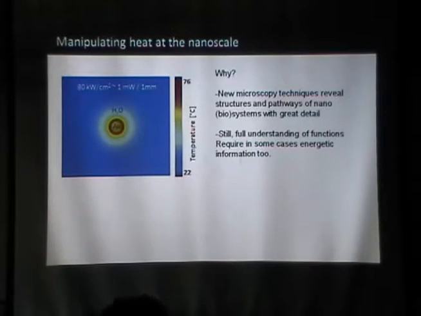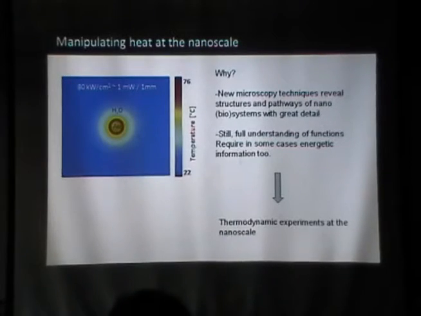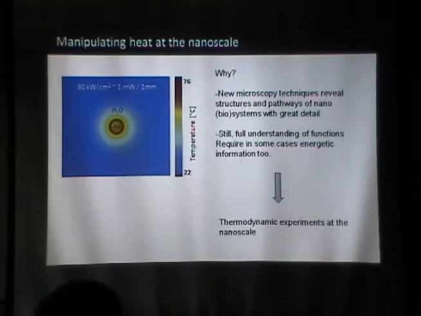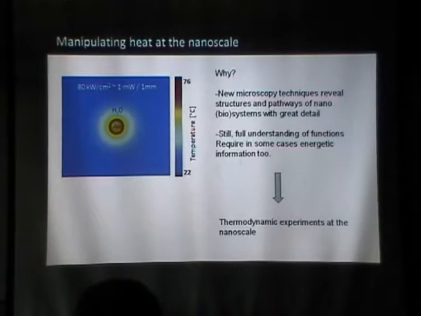You need to know those processes, how much energy they take, and from where, etc. Traditional thermodynamic experiments are made in bulk samples, like differential calorimetry. So you heat up a whole system and take a look at how the system absorbs or releases heat. So we are interested now in exploring the idea of doing thermodynamic experiments locally at the nanometer scale.